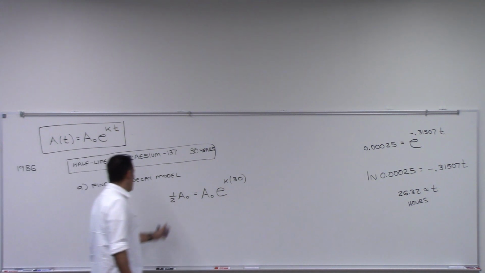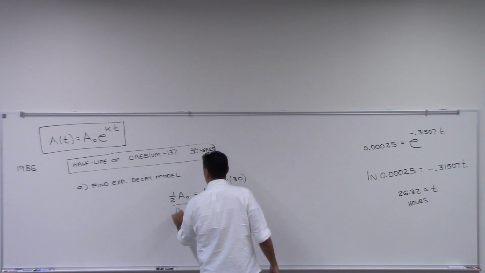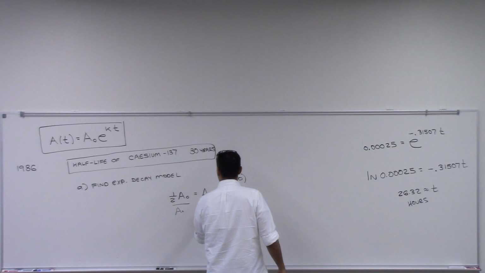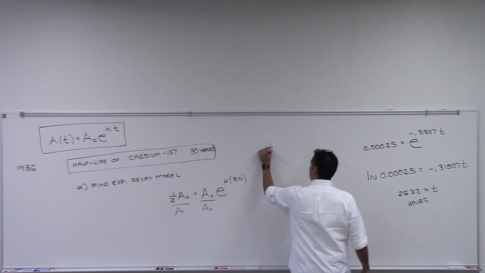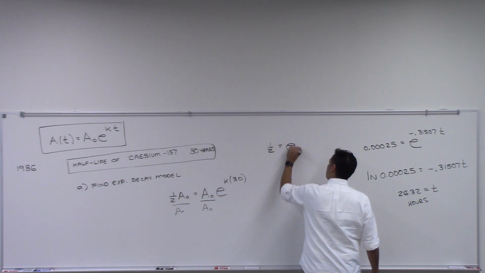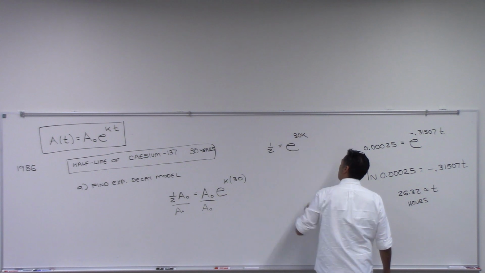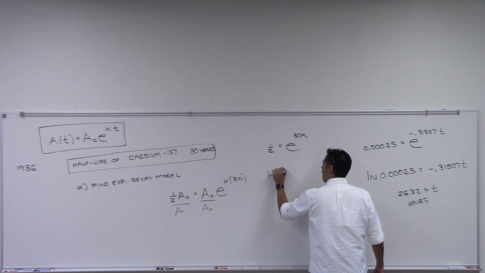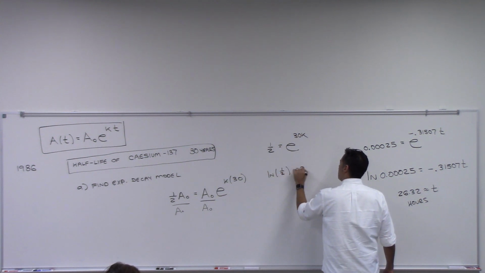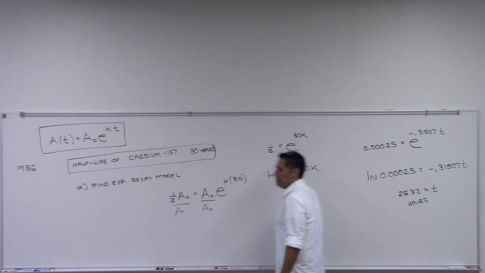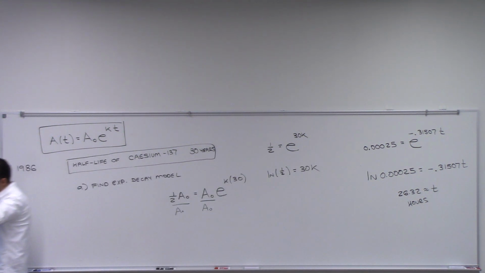So I divide both sides by A naught, and I get 1/2 is equal to e to the 30k. We've done this many times. Natural log of a half equals 30k. Now I do that on my calculator all at one time, and I'm going to get my decay rate.